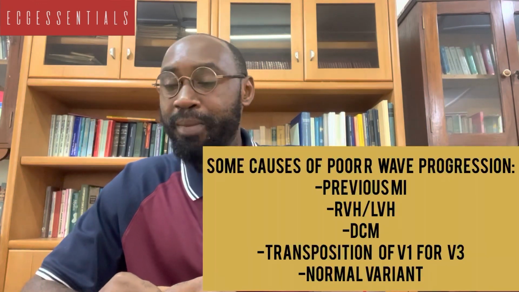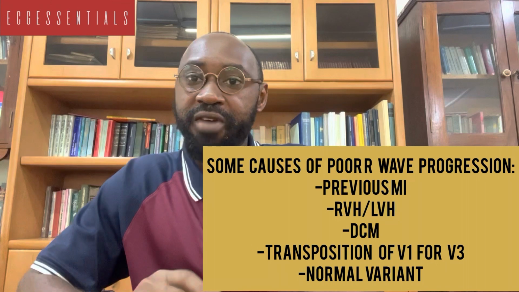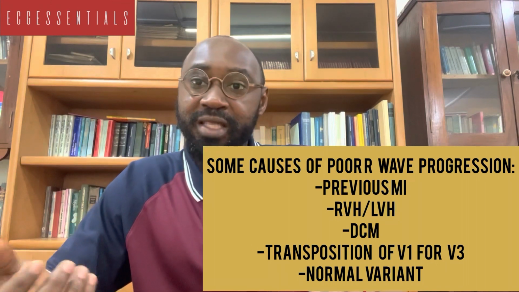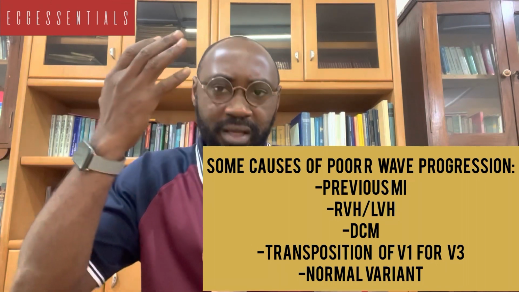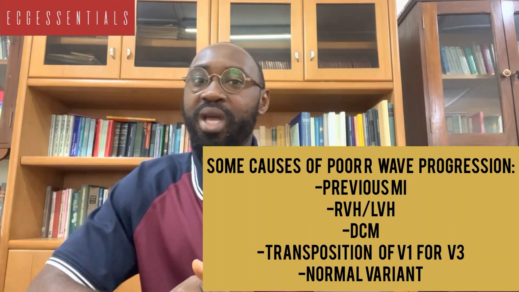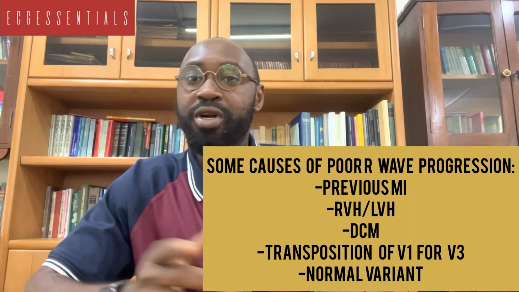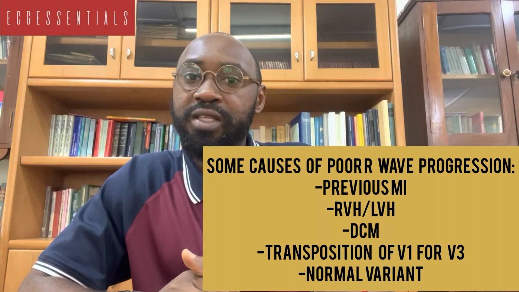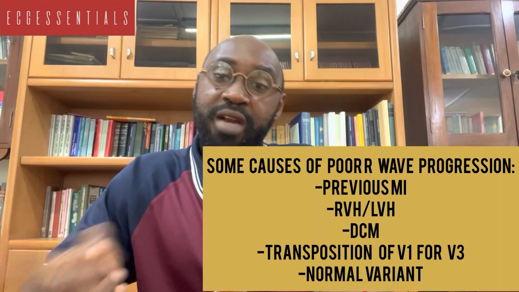That is when we usually say that the R wave progression, that is the gradual increase in the R wave that we expect from V1 to V6, is not as it's supposed to be. What are some of the causes? It can be from a previous MI, it can be from a right or left ventricular hypertrophy or a dilated cardiomyopathy, and it is also possible that it is just because we have actually interchanged or transposed some of the leads, for example, V1 and V3.